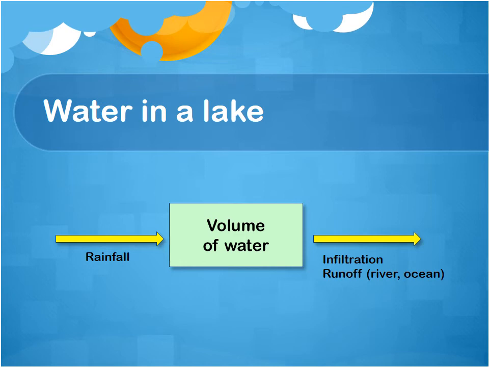There'll be runoff discharges to rivers or to the ocean from the lake, and then there'll be primarily an output that depends on the amount of water in the lake, and that's evaporation. So the evaporation depends on the amount of water in the lake. So if I want to keep track of this quantitative variable of water in the lake, I need to look at all these inputs and outputs and see how they shake up. Okay.